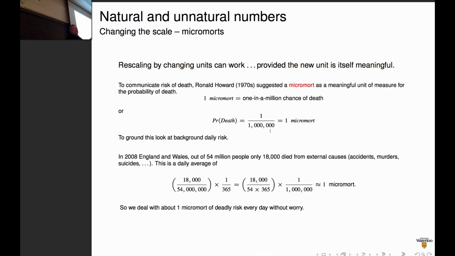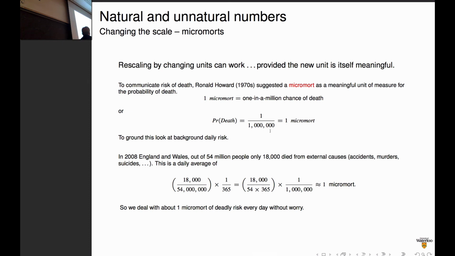If I recall correctly, and I probably don't, hang gliding is on the order of about 6 micromorts. So 6 times your daily risk. Maybe that doesn't make it sound quite as risky, right? You're willing to expend that risk. That's like 6 days' worth of risk in one shot.